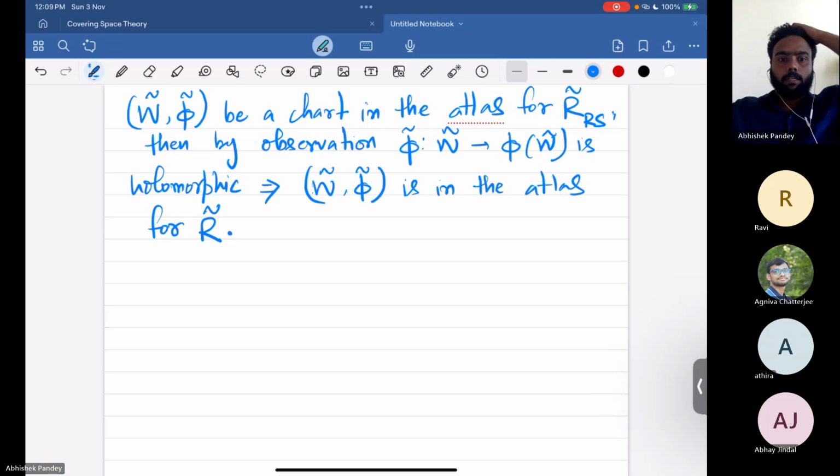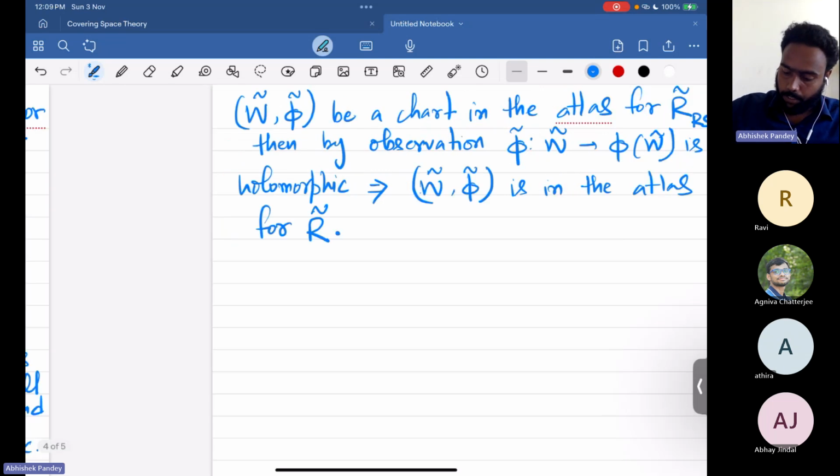Okay. So I think now the uniqueness is done. Is it clear? So basically, we have taken the chart in this Riemann surface structure, and we have shown that this will again belong to this R tilde. Again, you can do the converse part also in the same way because of this observation.